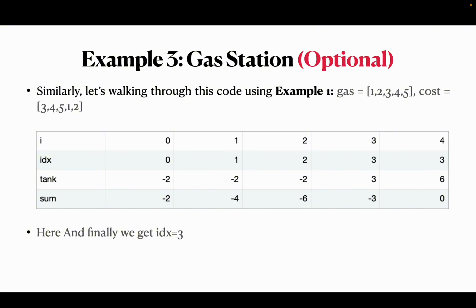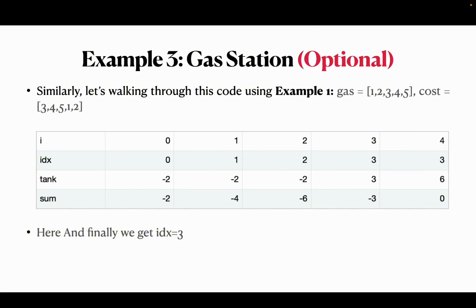Then we move to i equals 2, update the tank to -2 and sum to -6. Then we move i from 2 to 3, and since the tank is still smaller than 0, we update the index to 3, and now the current tank will be 3 and the current sum will be -3.